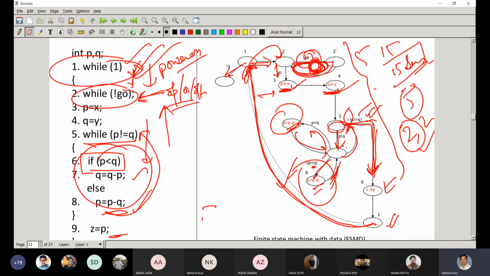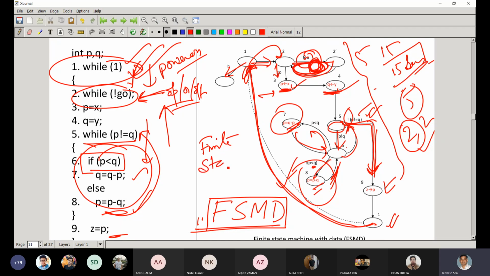This FSMD is clear: finite state machine with data. Finite state machine with data. Is it clear? FSMD. So you can check it.